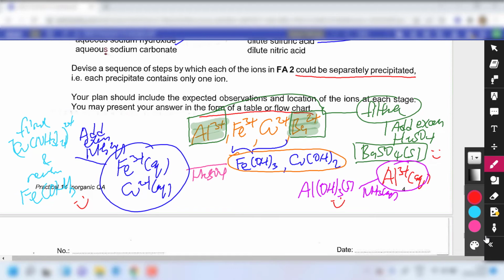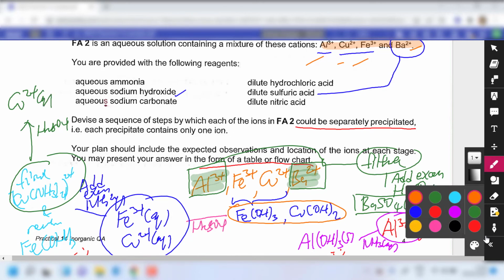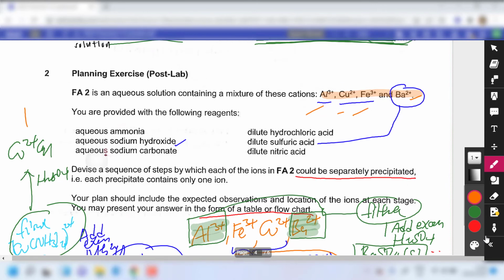Then what about this? We can't just obtain this as the filtrate. So again, we need to repeat the whole process. We need to introduce sulfuric acid to get back copper 2+, or hexaaqua copper 2, and after that we need to introduce sodium hydroxide.